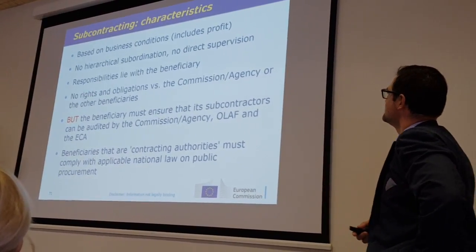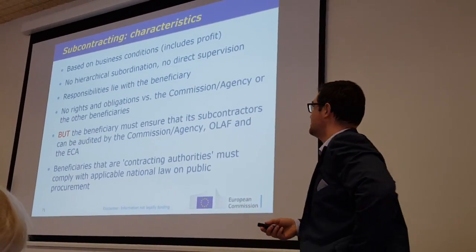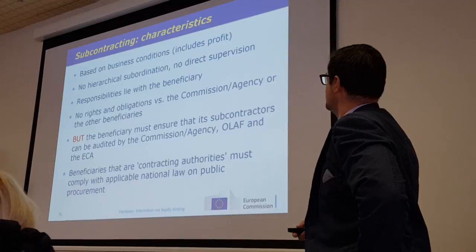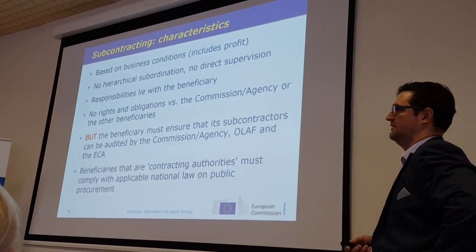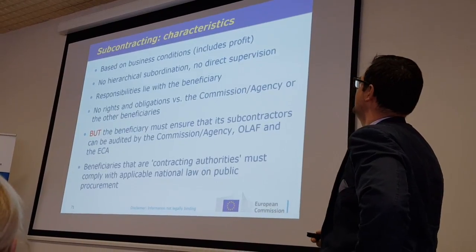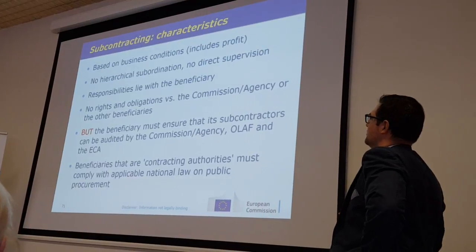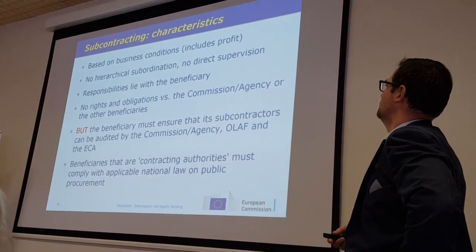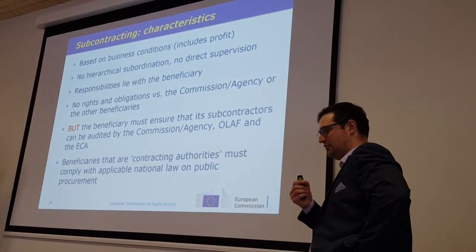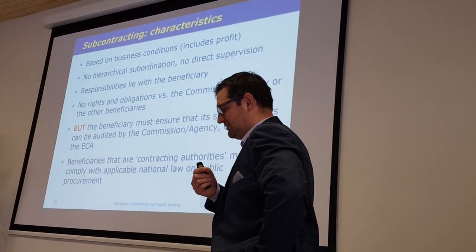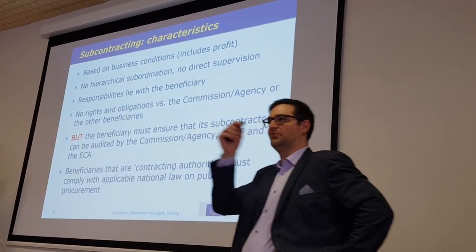Some characteristics of subcontracting: it is based on business conditions, so we've got the profit margin there. There is no direct supervision. Responsibility still lies in the hands of the beneficiary. The subcontractor doesn't have any rights or obligations towards the Commission or agency or the other beneficiaries. So you, as the beneficiary that is contracting the subcontractor, are responsible for everything.